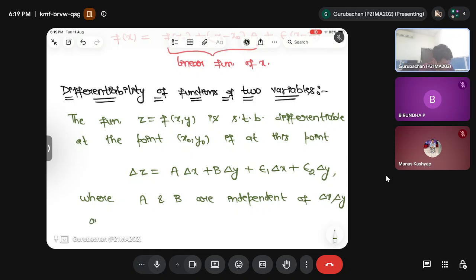What will be the case for epsilon 1 and epsilon 2?